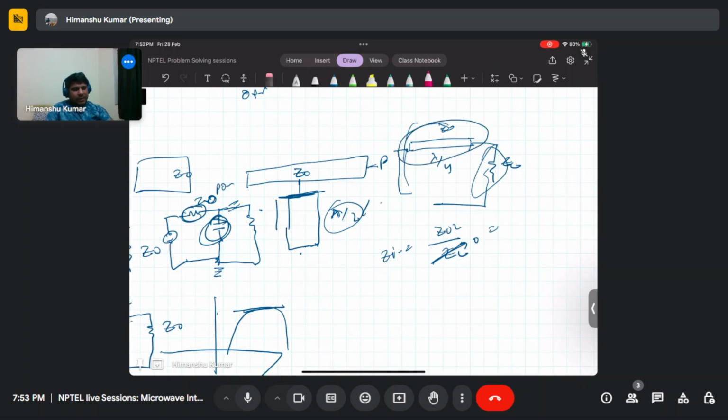Yeah, this one, right? Shorted line. And the other way around, if ZL is equal to 0, then Zn will be infinite. Then it will behave like an open circuited line.